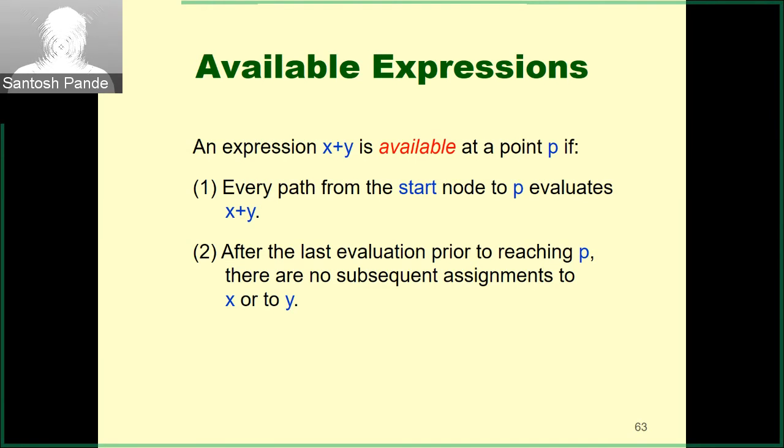So together these conditions tell us that an expression is available at a given program point. It's pretty intuitive to see this. What has really happened is this, that before coming to this P, no matter which path we take, we always evaluated x plus y there.